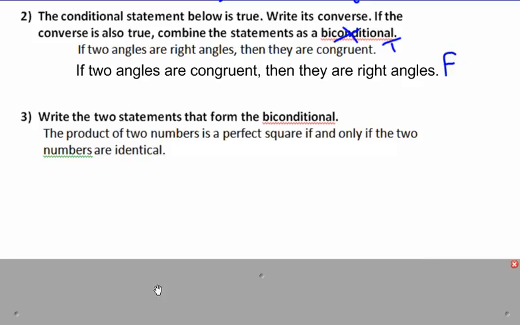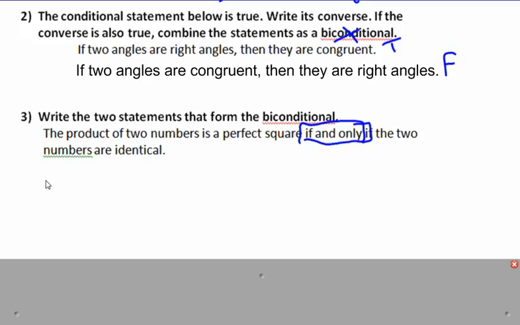Let's look at number three. It says, write the two statements that form the biconditional. So now we have a biconditional, and we want to write the conditional and the converse that would make this. It says the product of two numbers is a perfect square if and only if the two numbers are identical.